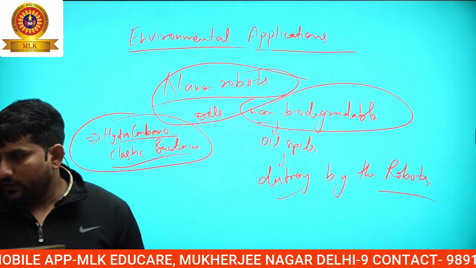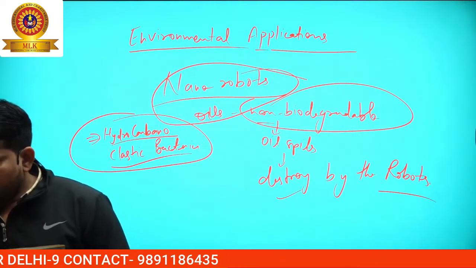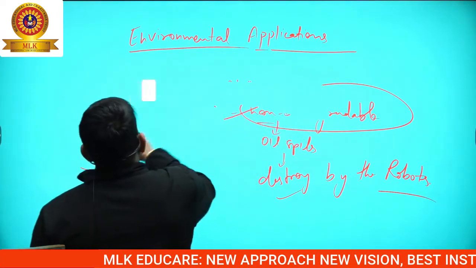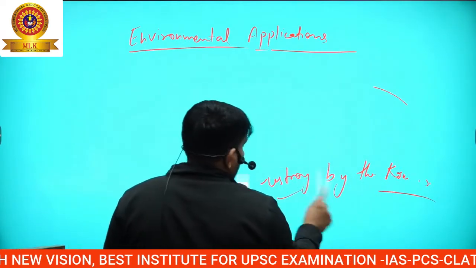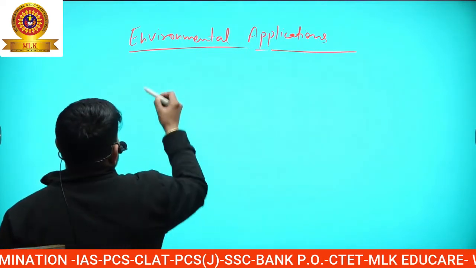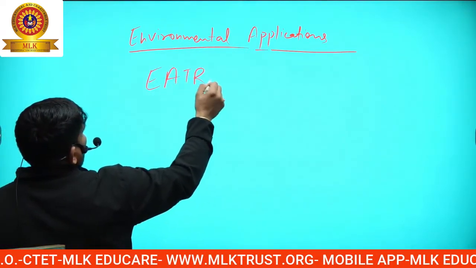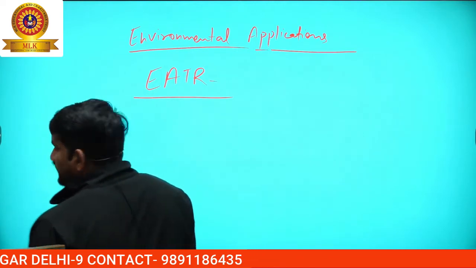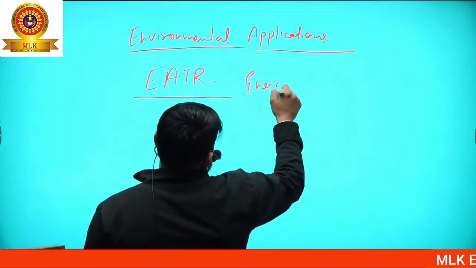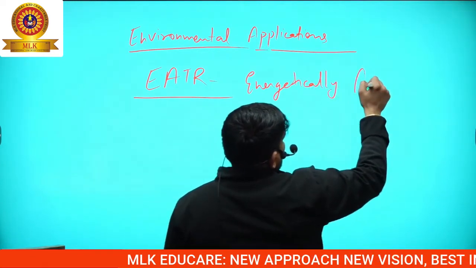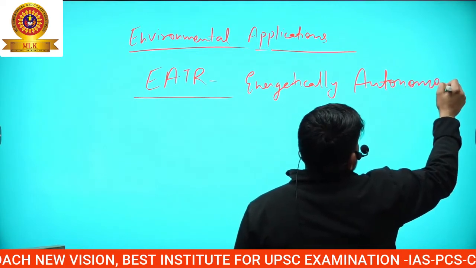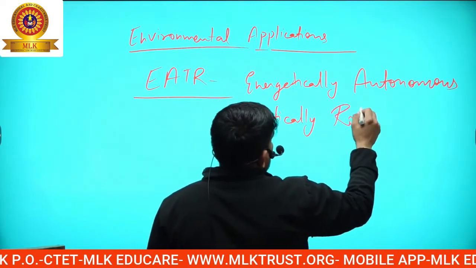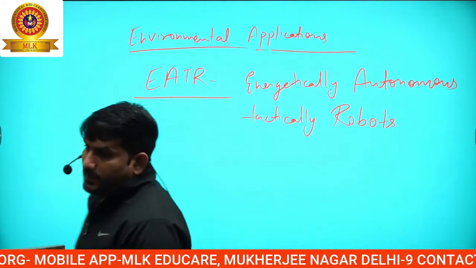All right. Here is a robot, the name is the EATR. I read it as EATR. The EATR stands for Energetically Autonomous Tactical Robot. So what is the use of this EATR?